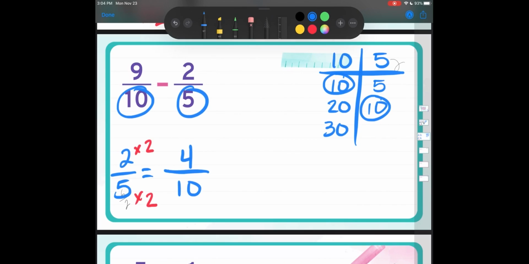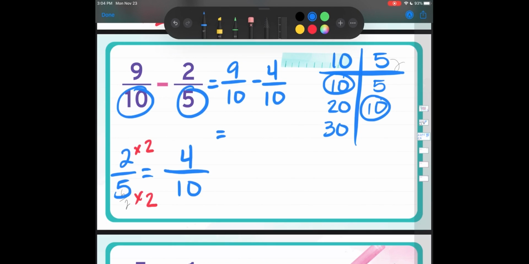So we're going to do 2 times 2 to get our new numerator. 2 times 2 is 4, so 4/10 is equal to 2/5. That 4/10 is what we're going to put in the 2/5 spot. So now our problem has become 9/10 minus 4/10.